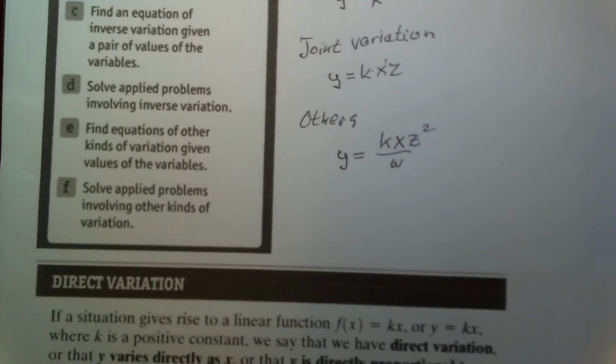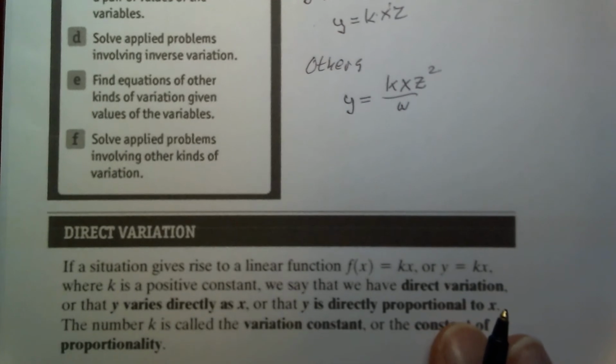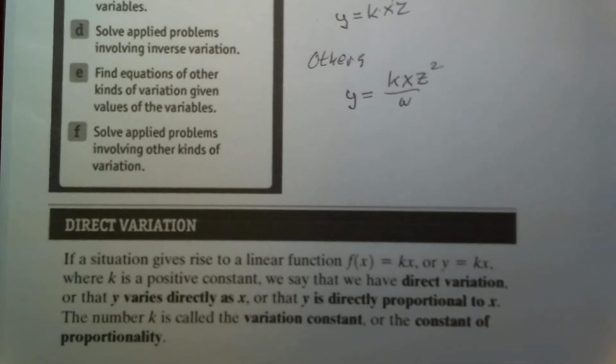So here's the long explanation of direct variation. If a situation gives rise to a linear function, f of x equals kx, or y equals kx, where k is a positive constant, we say then we have direct variation, or y varies directly as x, or that y is directly proportional to x. And that number k is called the variation constant, or the constant of proportionality.